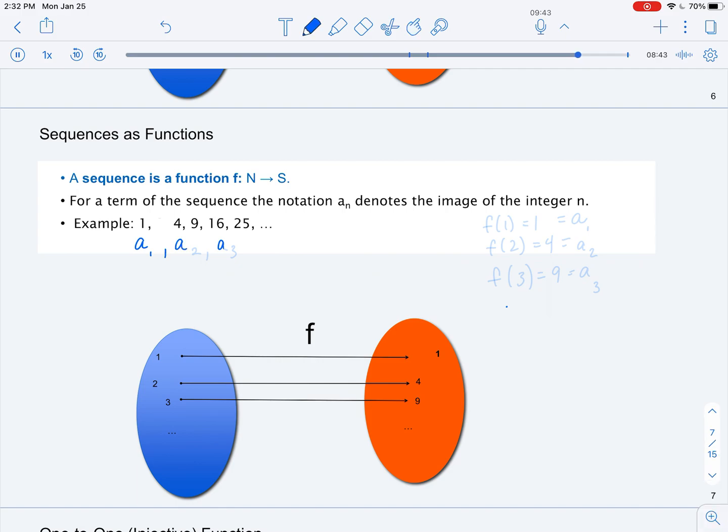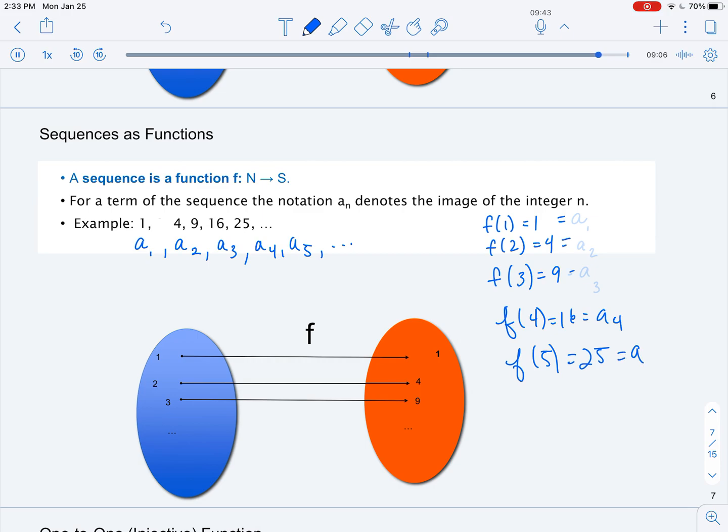So our second integer in our sequence is going to be 4, and our third will be 9, and so forth. So we can also think of this as saying that f of 1 equals 1, f of 2 equals 4, f of 3 equals 9.